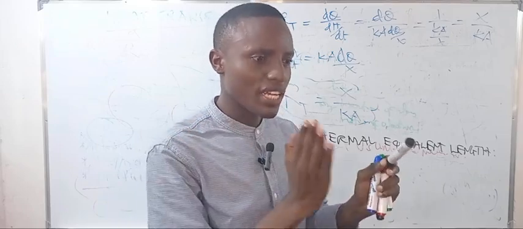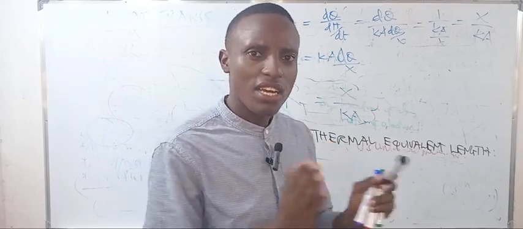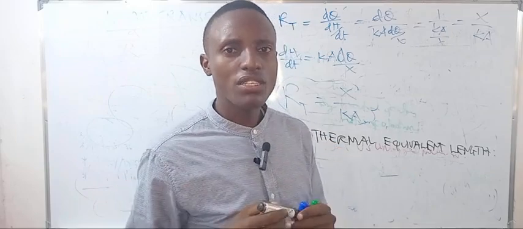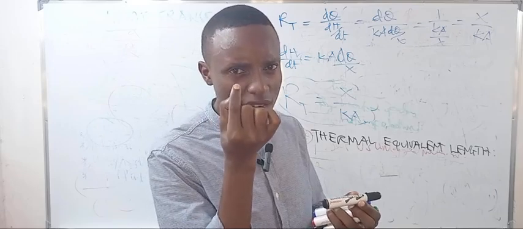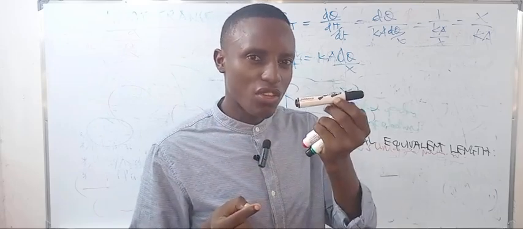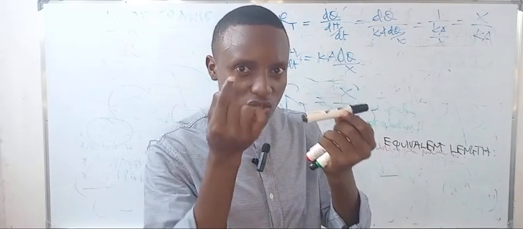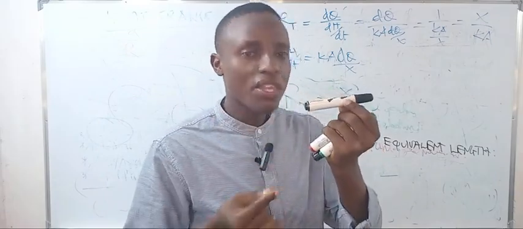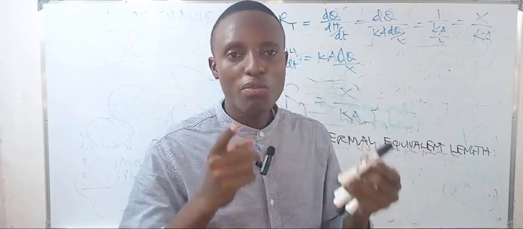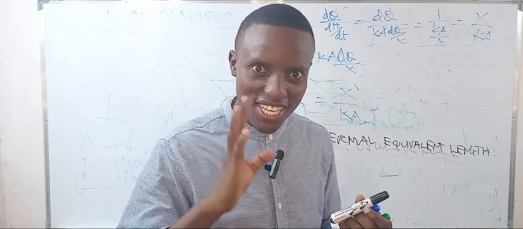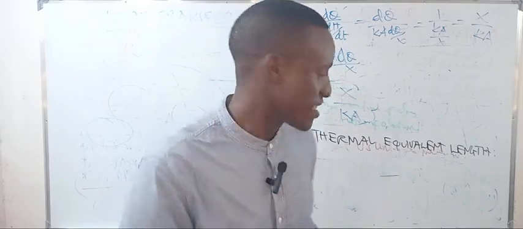It's because conductors have a large rate while insulators have a small rate. So you can take a small conductor like my finger here, while you take an insulator like this one, and you have the same rates of conduction. The length of the conductor is what we call the thermal equivalent length.